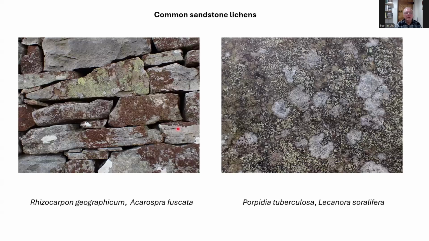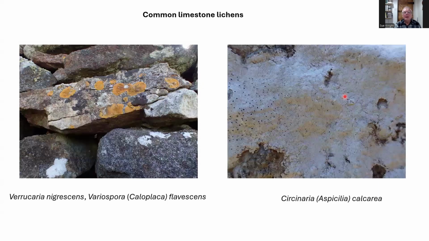Just some examples. Sandstone wall, so we have Rhizocarpon geographicum and Acarospora fuscata, Porphyria tuberculosa and Lecanora sorolifera. And some limestone walls, Verrucaria nigrescens and Caloplaca flavescens and Aspicilia calcarea.